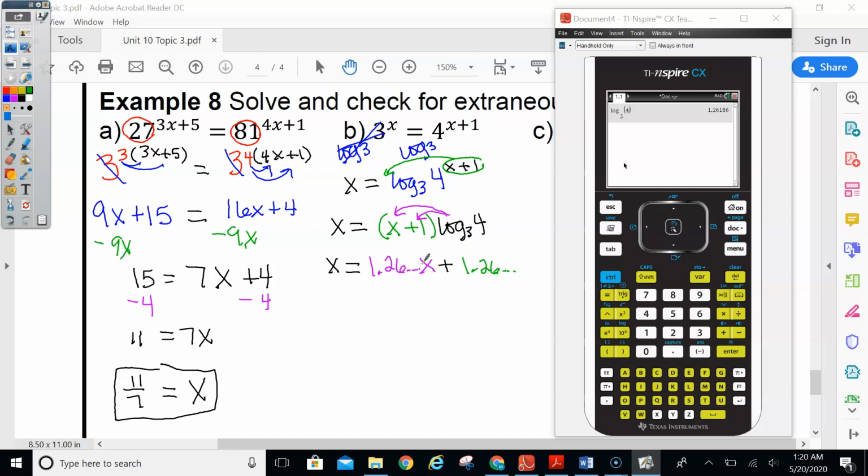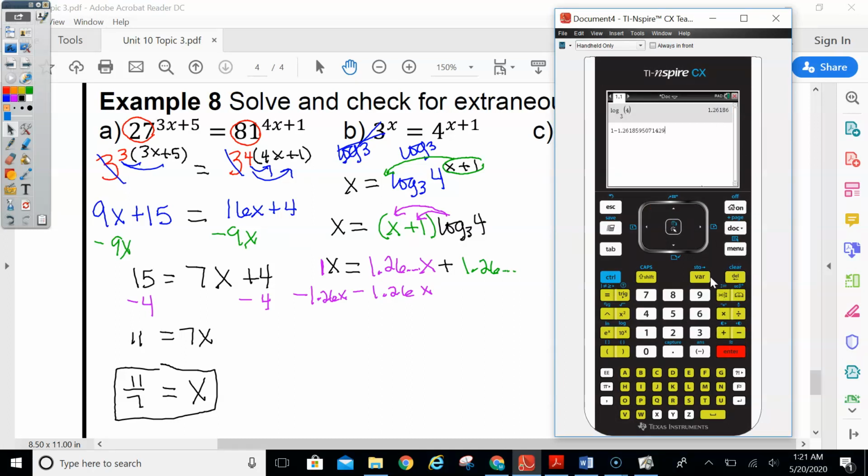Okay, so now I just solve for x like any other thing. So I want to get x's to one side. So I'm going to take this number and subtract it from the 1x over here. So 1 minus 1.26 stuff over here. So in the calculator, I'm going to do 1 minus, and I can go up and just highlight that.